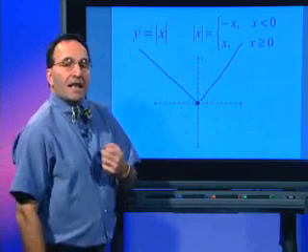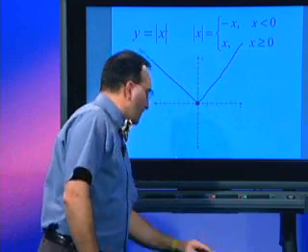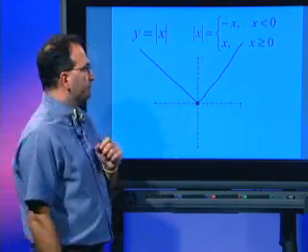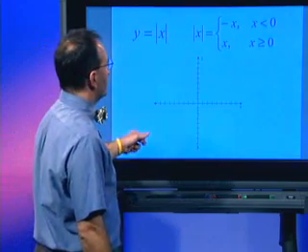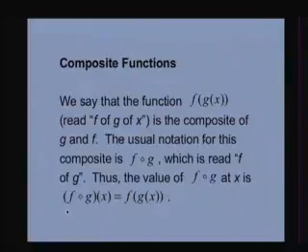All right, next what I'd like to do is look at composition of functions. So let's look at the definition here. We say that the function f of g of x is the composite of the functions g and f.